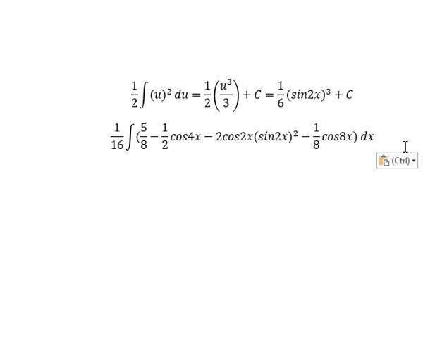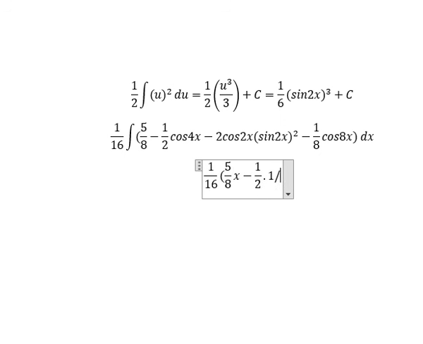Now we have the final answer. The integration of 5 over 8, we have 5 over 8 s. The integration of cosine 4s, we have 1 over 4 sine 4s.